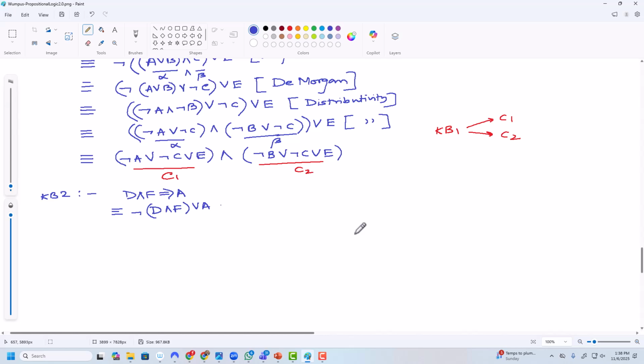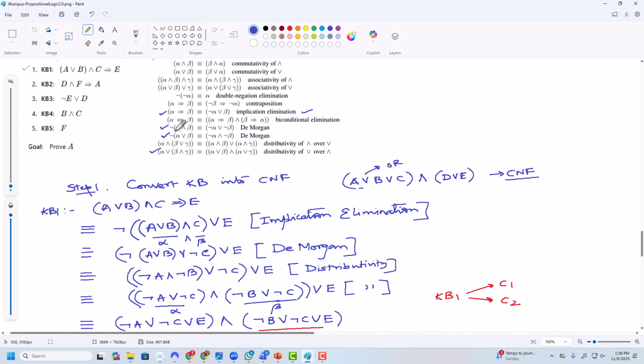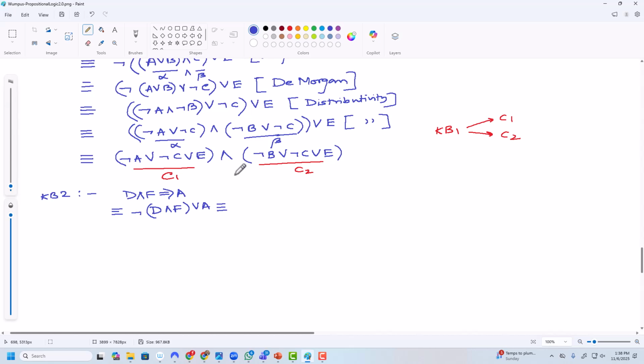Now this is equivalent to, I'm just writing this side just to save space. Now we have to use De Morgan's law, not D and F, which is De Morgan's law here. Not alpha and beta is not alpha or not beta. So that's by De Morgan. I think I need to write here implication elimination.